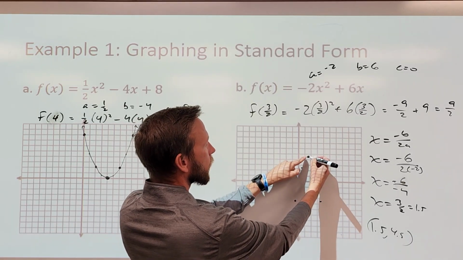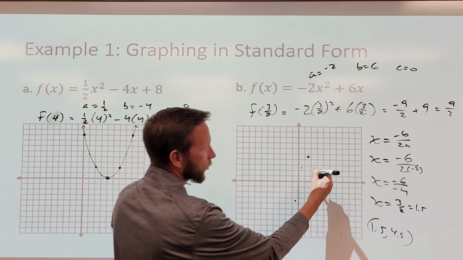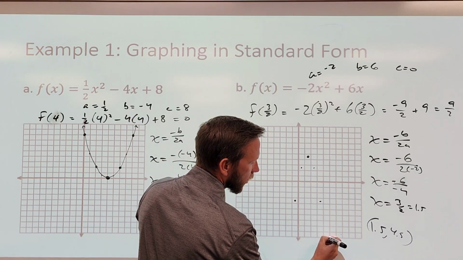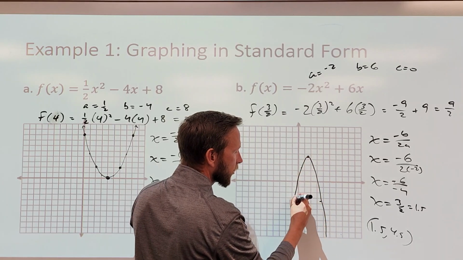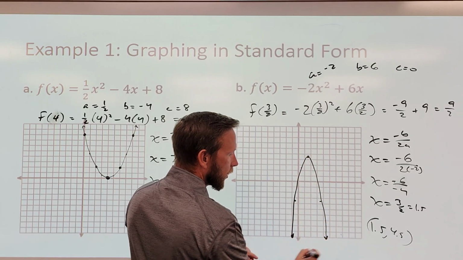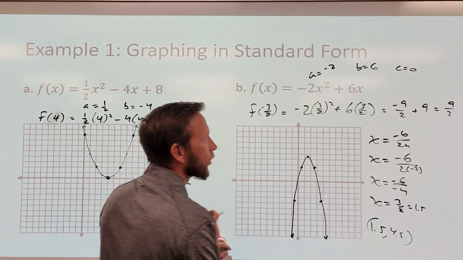And instead of going over 3, down 9, we're going to go down 18, and that's going to take me beyond this coordinate grid. So I'm going to do my best to sketch this, and that will be the graph of our parabola.